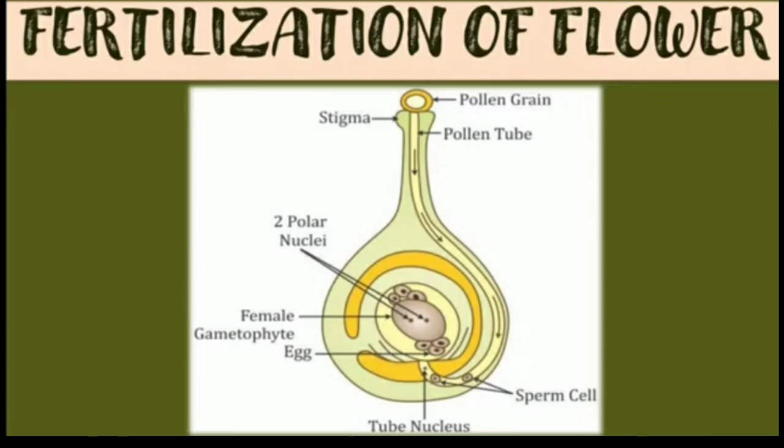Due to pollination, the ovules, that is, the egg cells in the ovary, get fertilized. And these fertilized ovules form the seeds, and the ovary develops into a fruit.